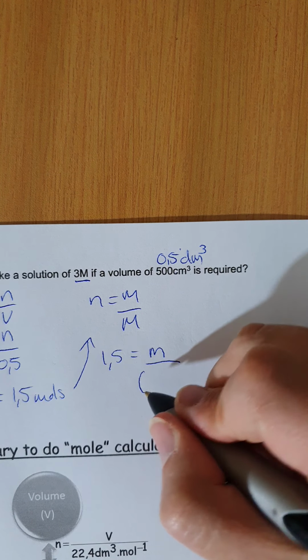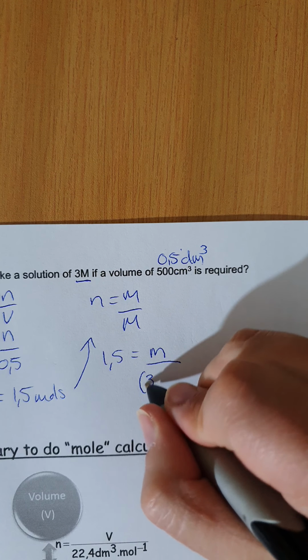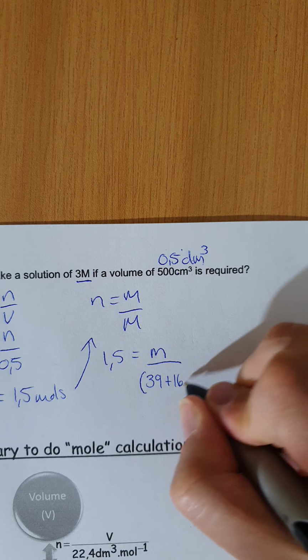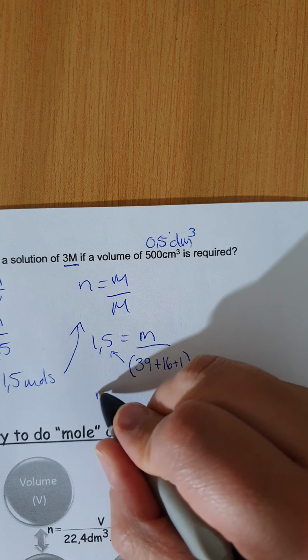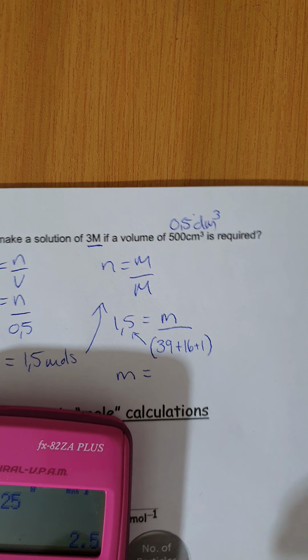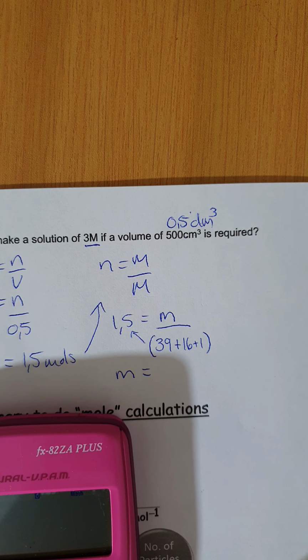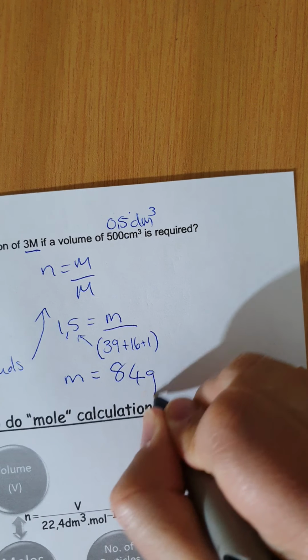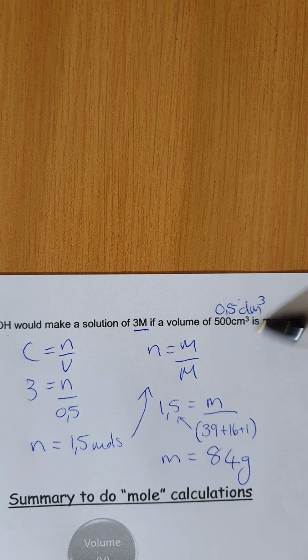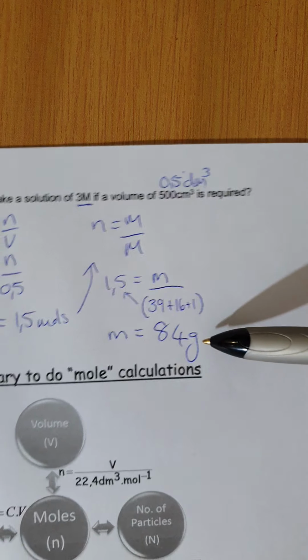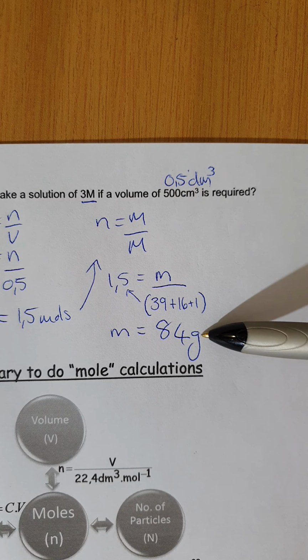KOH. K is 39 plus 16 plus 1, because it's potassium plus oxygen plus hydrogen, and we're going to multiply them together. So my mass is 1,5 times 39 plus 16 plus 1, and I get 84 grams. Okay, so if I want a concentration of 3 molar and I want half a liter of it, I need to measure 84 grams of KOH.